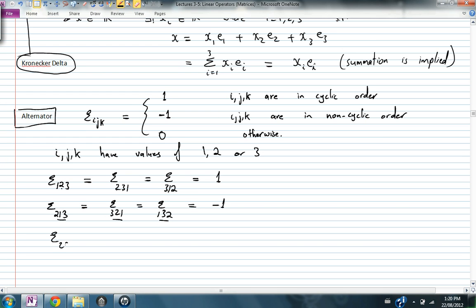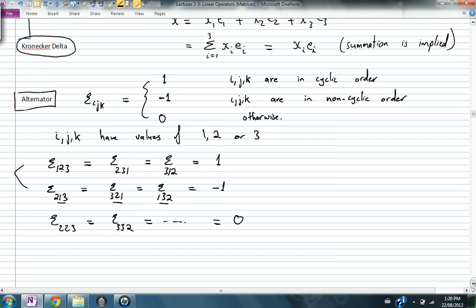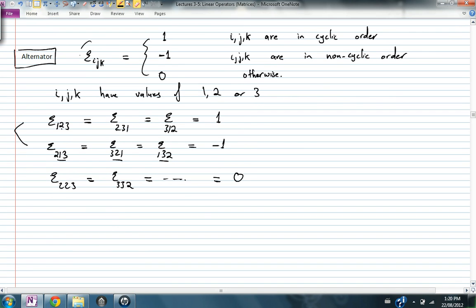Otherwise, if you have, for example, 2, 2, 3, or 3, 3, 2, or anything else that does not follow these two, anything else will be equal to 0. So why would I introduce such notation or such a strange quantity, the alternator, which can have 1, -1, or 0, depending on the values of i, j, and k?